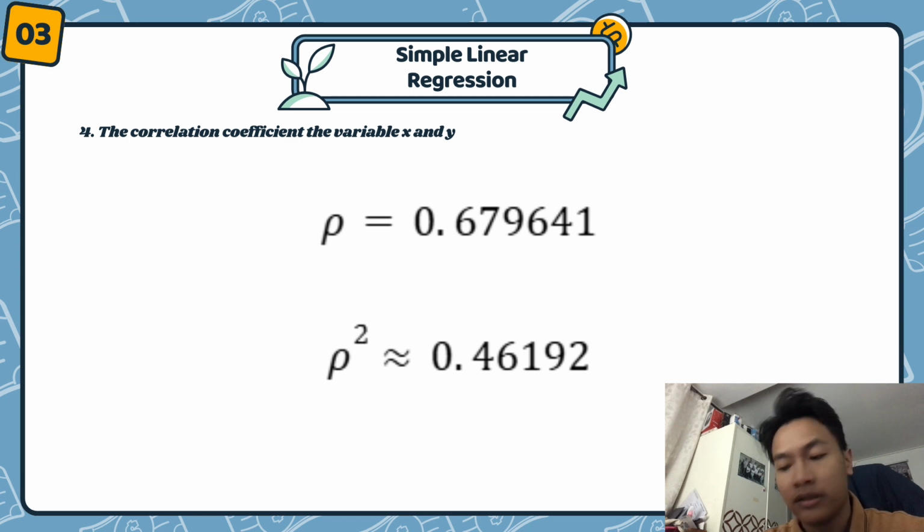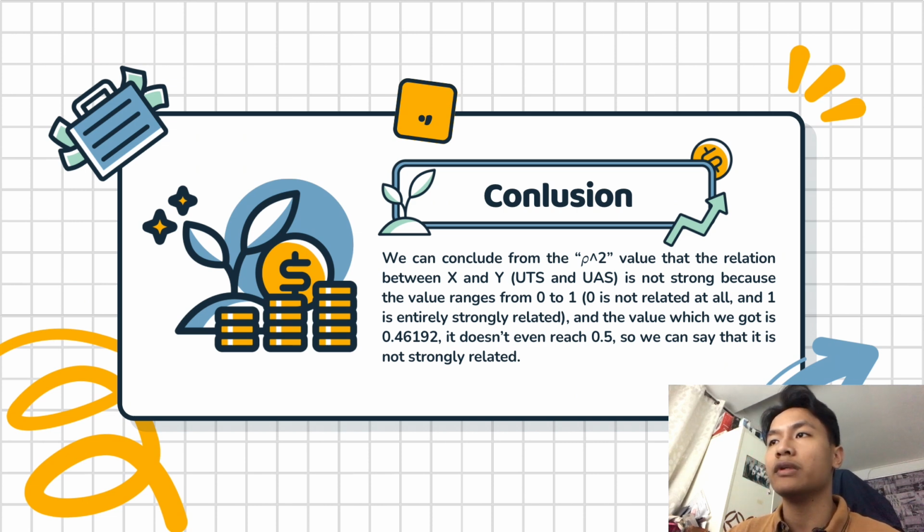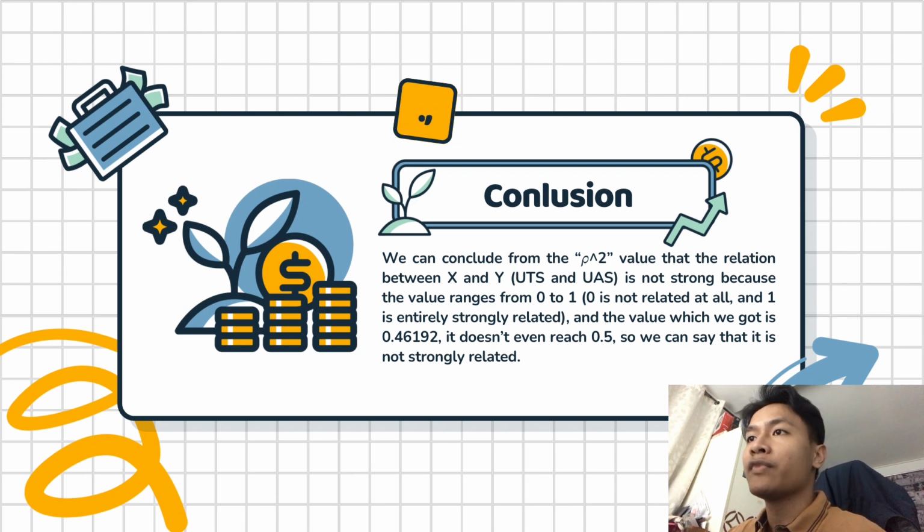For the conclusion, from the r squared value, the relationship between x and y, UTS and the y score, is not strong enough, because the value ranges from 0, meaning not related at all, to 1, meaning strongly related.